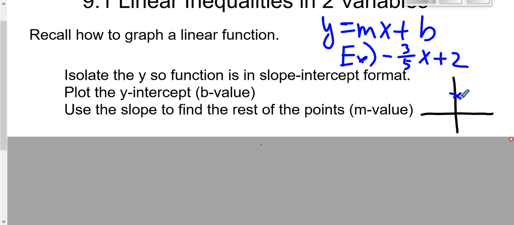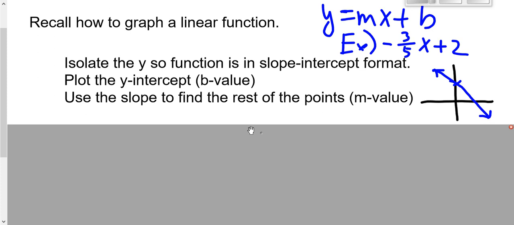And if you do a few other points, you can get a pretty good line to look at. Of course the slope is negative, so your graph looks like this, with an arrowhead. If it is a positive slope, it would be like this. Alright, let's keep going.